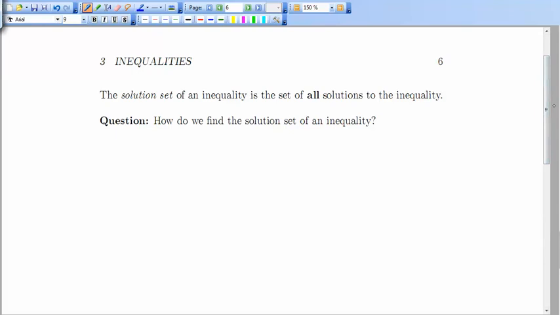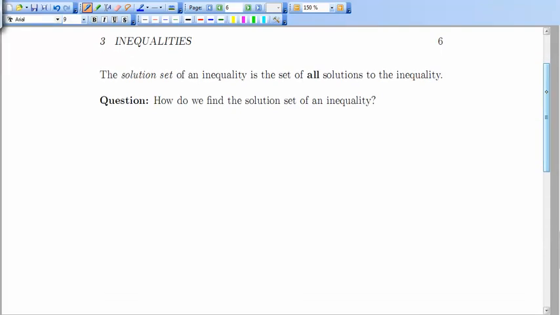So first of all, let's give a name to what we mean when we say all the solutions to the inequality. We call all of those solutions, that set of all those numbers, the solution set of the inequality. So here's the big question. How do we find that solution set? Well, it turns out you can almost find it exactly the same way you find the solution to a linear equation.